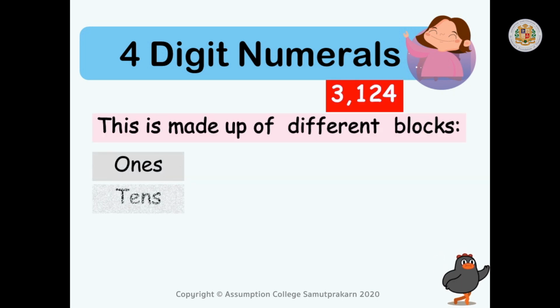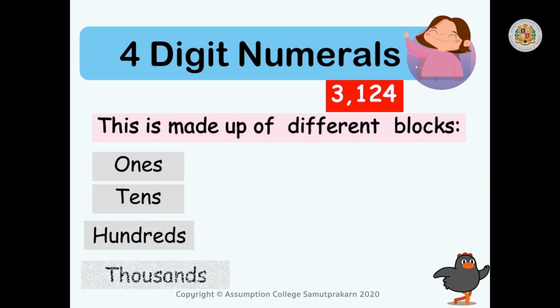Can you please read the number? Yes, it's correct. 3,124. Let us represent this number using different blocks. We have 4 place values: ones, tens, hundreds, and thousands.